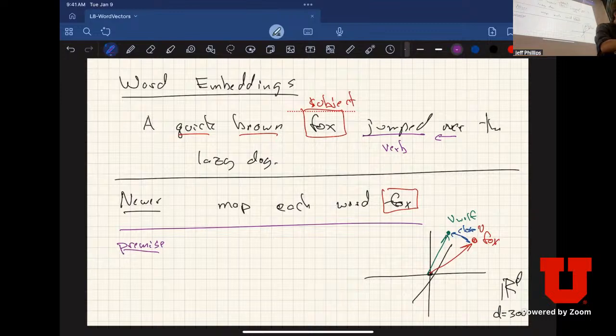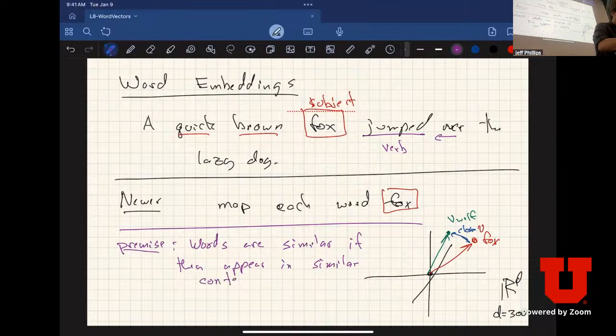It's trying to use a simpler premise, which is that words are similar if they appear in similar contexts. This is known as the distributional hypothesis.